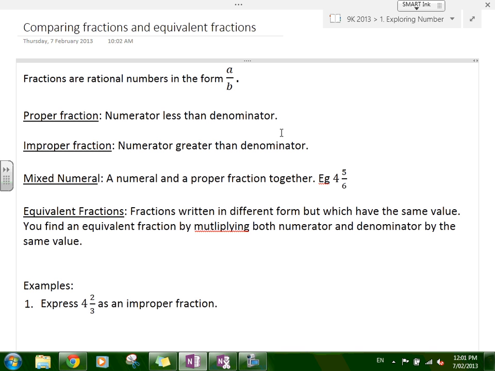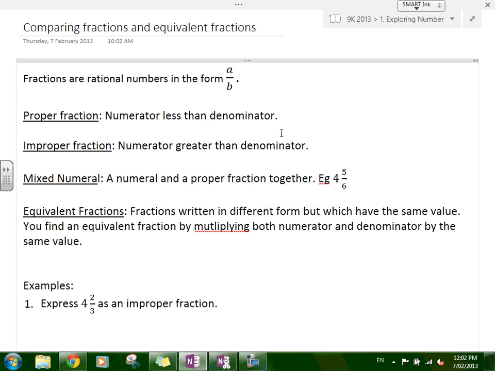Yeah, the number on the top, and the denominator is the number on the bottom. The numerator is the top. So if the numerator is smaller than the denominator, it is a proper fraction. An improper fraction is just the opposite of that, which means the numerator is larger than the denominator. That's quite straightforward.